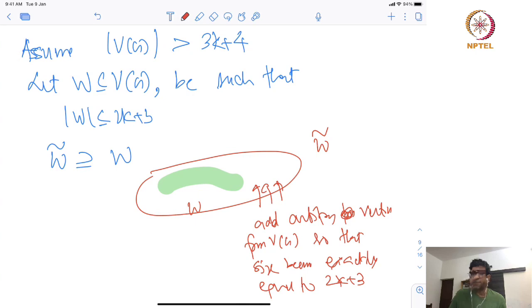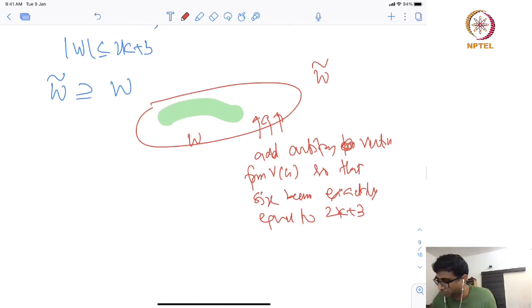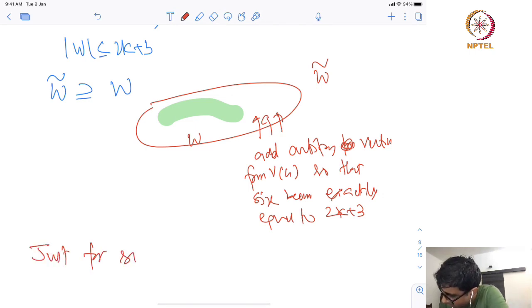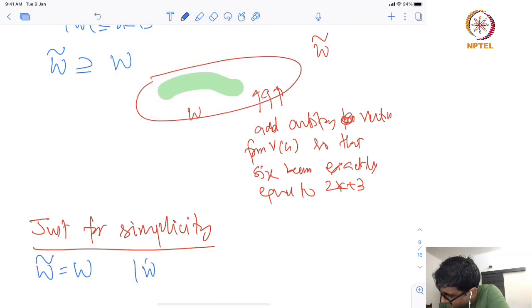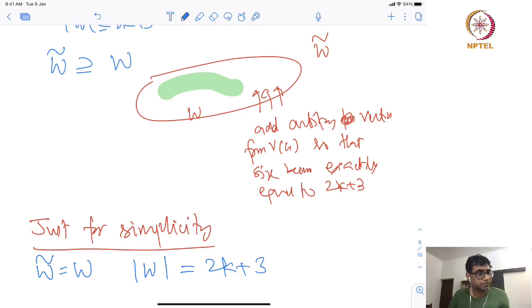And if I can come up with a tree decomposition with W tilde in the root, then definitely W is also contained inside it, because W tilde contains W. So, just for simplicity, we will rename W tilde as W, which has size exactly equal to 2k plus 3.